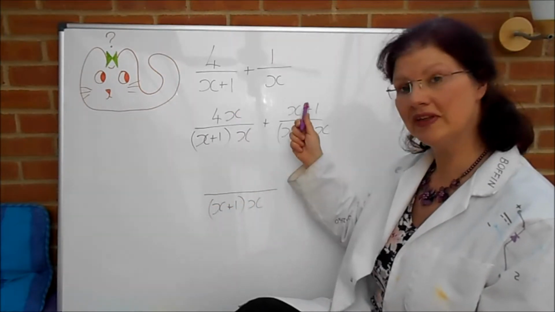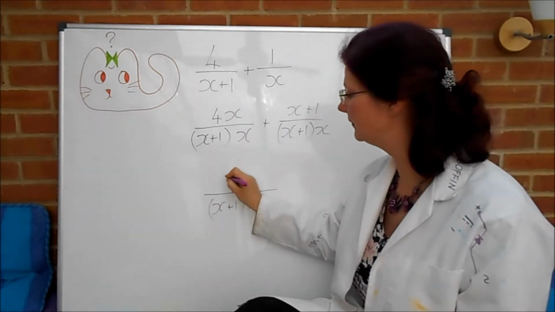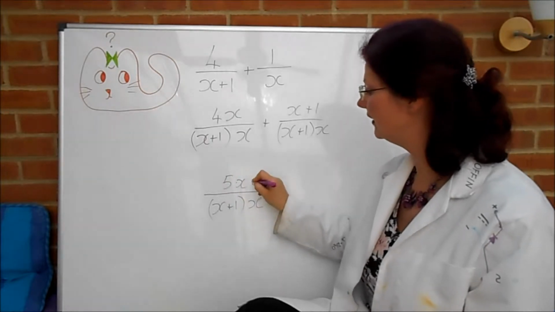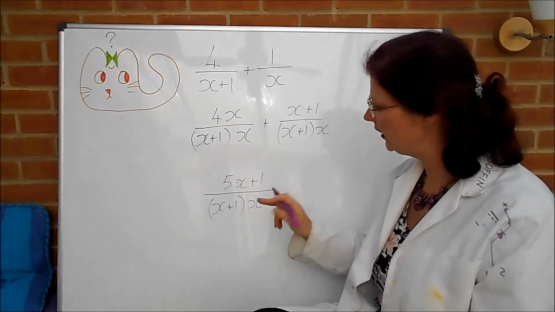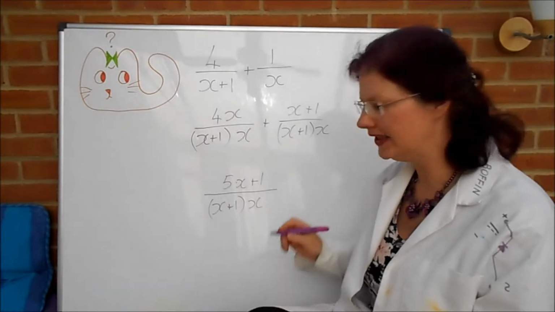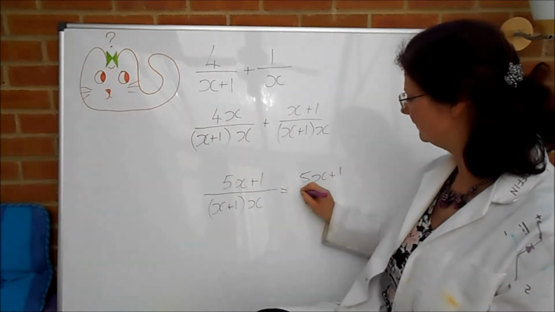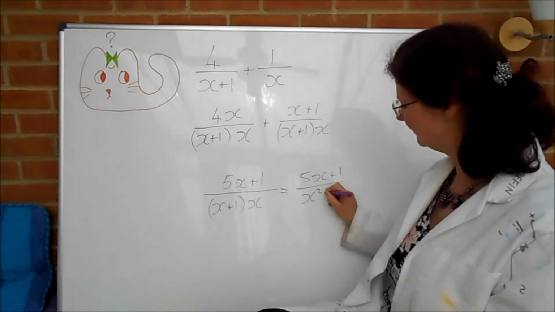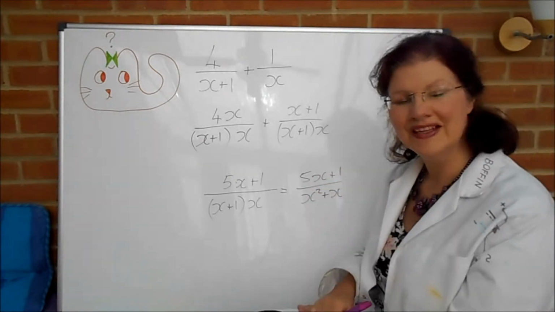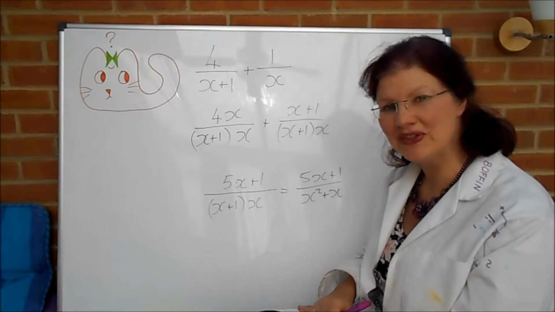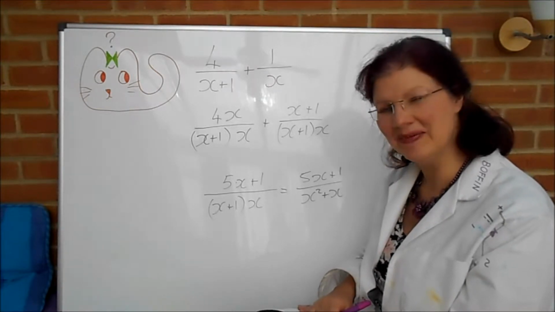We've got 4x's plus another x and a 1. So that's 5x plus 1 on the tops. We can also multiply out the bottom there just to make it look a little bit nicer. So there we go, with 5x plus 1 on the top and x squared plus x on the bottom.